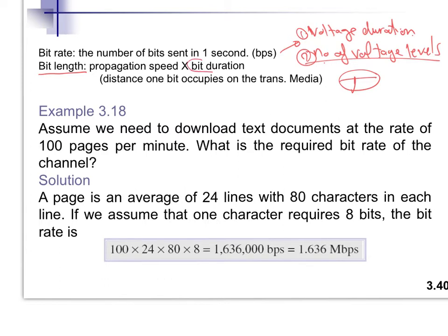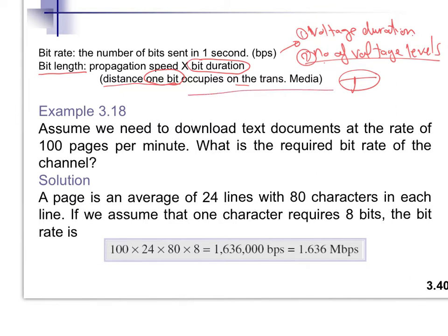What we have is the bit duration. So the bit length changes slightly to become the distance that the signal is allowed to occupy in a time equal to the bit duration.